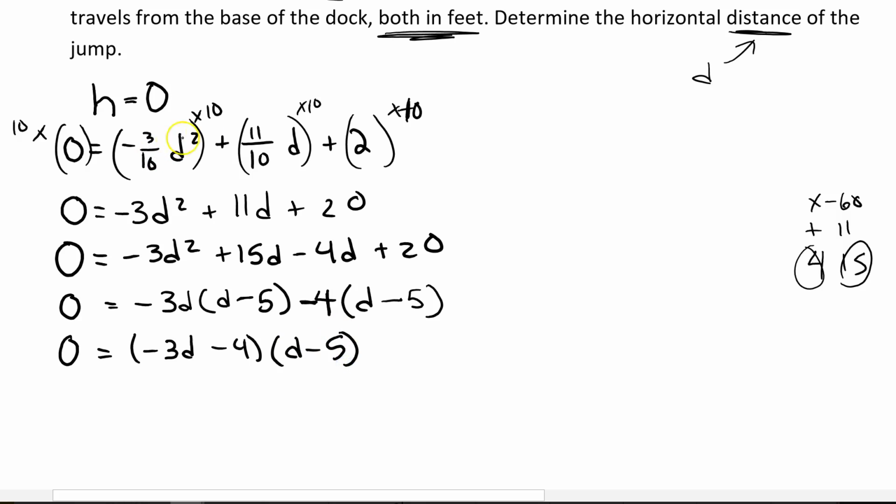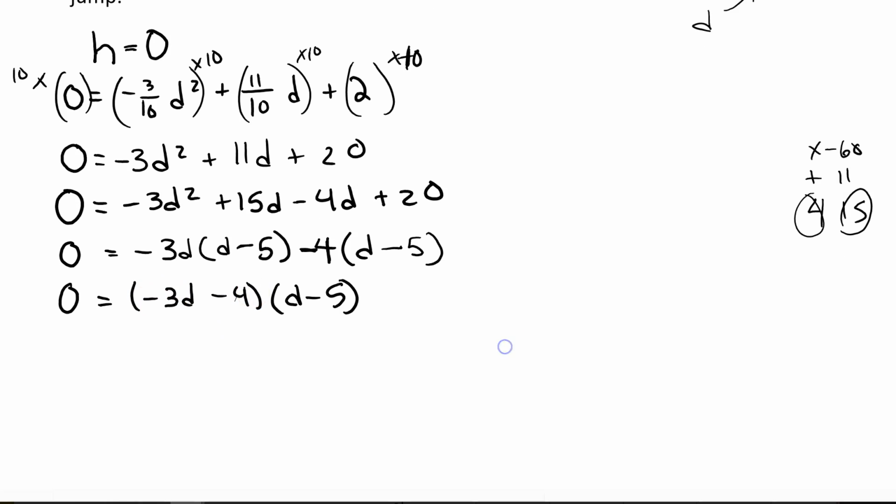Now, if I multiplied here by negative 10 all the way through, I wouldn't have to deal with this minus 3d minus 4. What I can do right now is factor it out if it confuses me a little bit less. But you don't actually have to. You can take negative 3d minus 4 equal to 0 to see where the solution lies. But we can do this, 3d plus 4 times d minus 5.